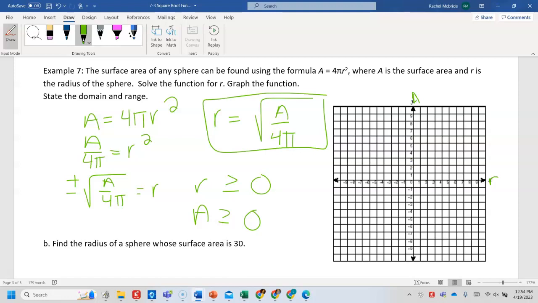And then to graph our curve, we just start picking values. So (0, 0). If my r value is 1, then my area would be 4 pi. Pi is 3.14, so 4 pi.